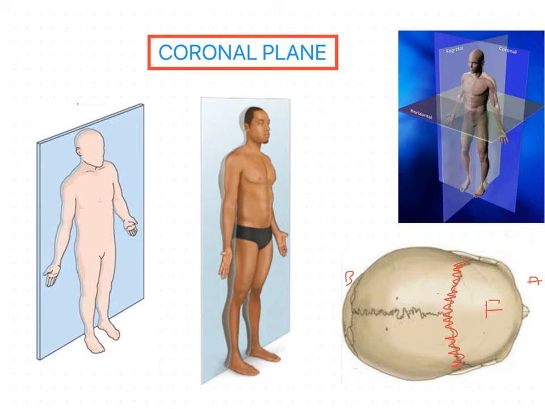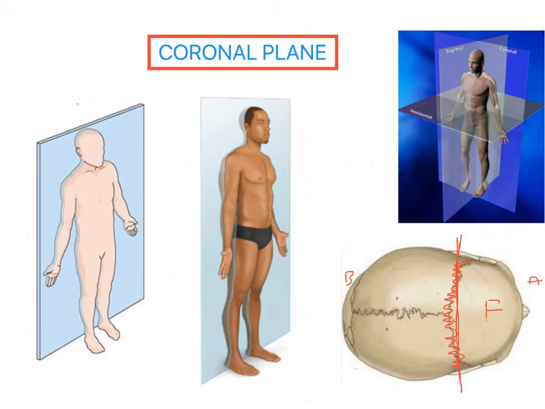If the body is cut in the direction of this coronal suture, it is called the coronal plane, and since this plane is nearer to the frontal bone, it is also called the frontal plane.